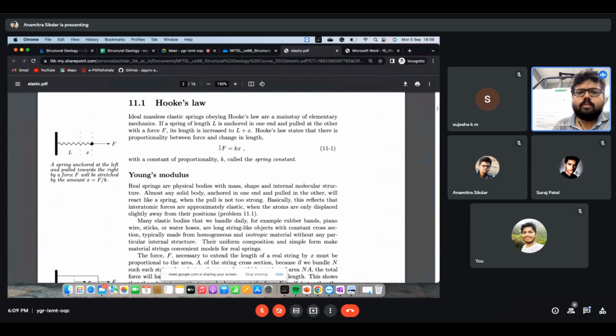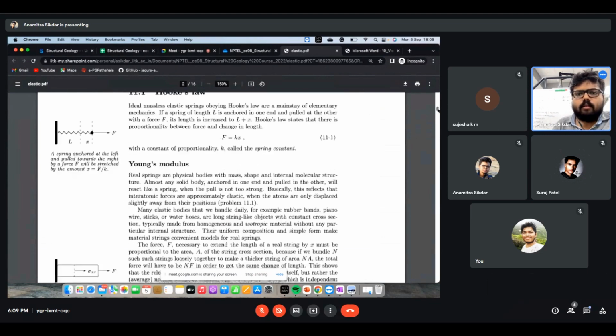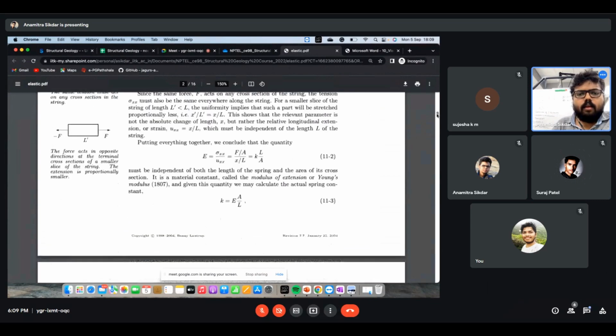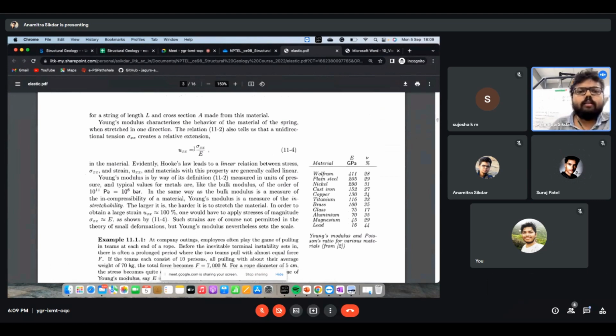So it gives you the one-dimensional, what should I say, elasticity equation, right? So if we go on, this equation tells us that this F becomes the stress here for the two-dimensional case, and now we have the Young's modulus, so it replaces the k and this becomes the strain, right?